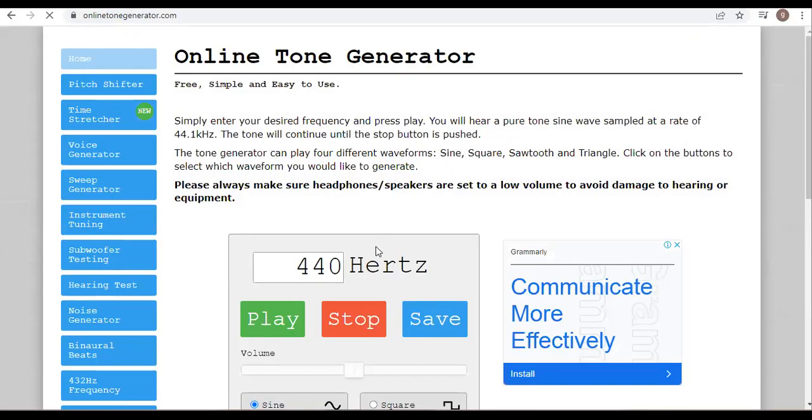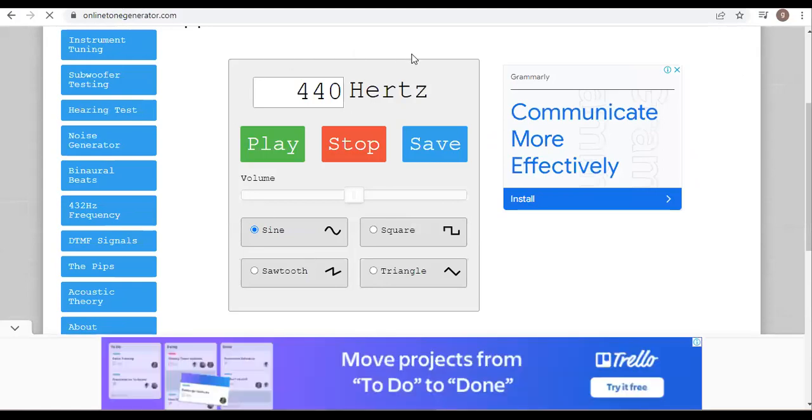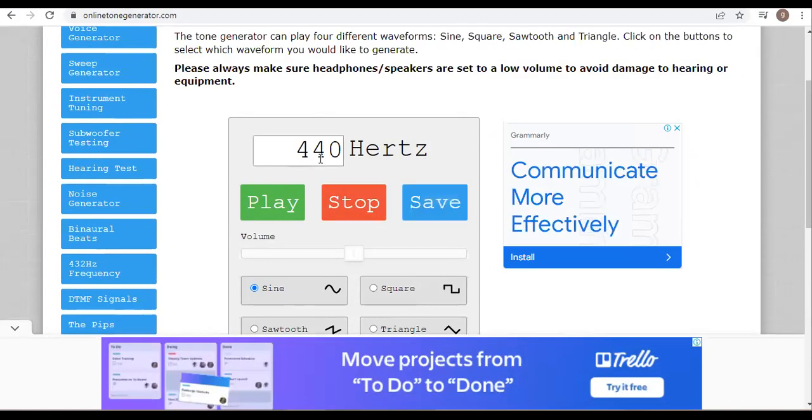What you will see is a box here where you can change the hertz. You can change the volume here. I'm going to remove my headphones so the sound plays directly. Can you hear me?